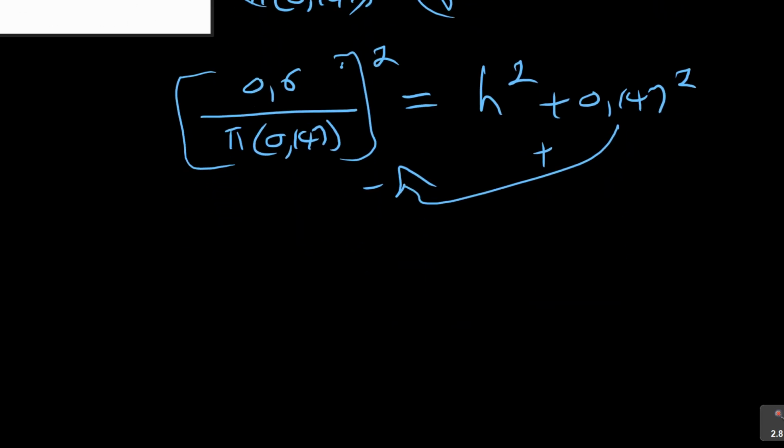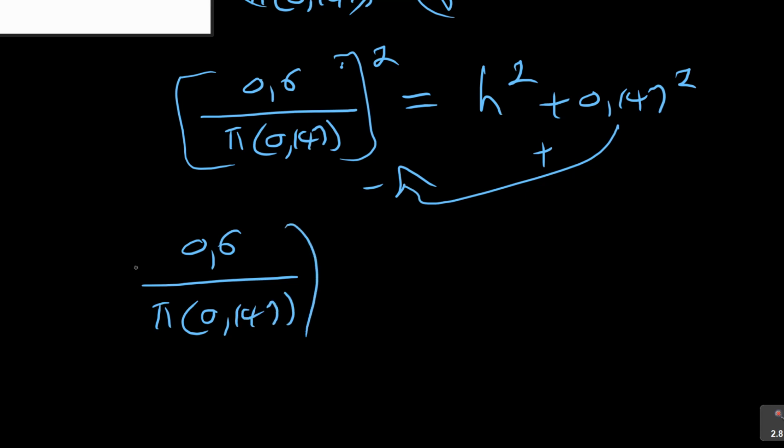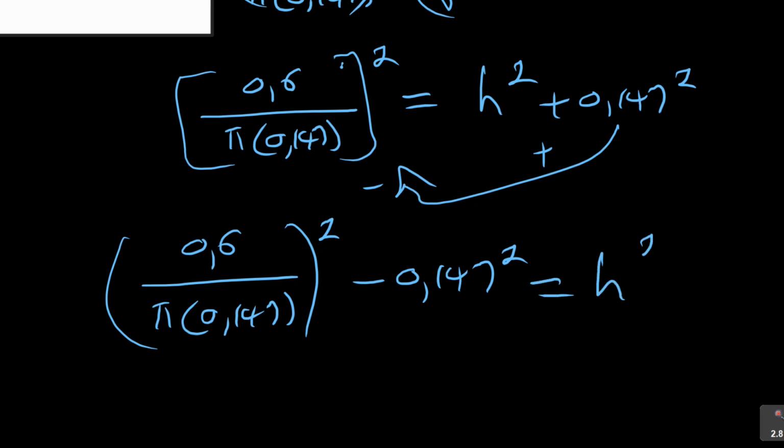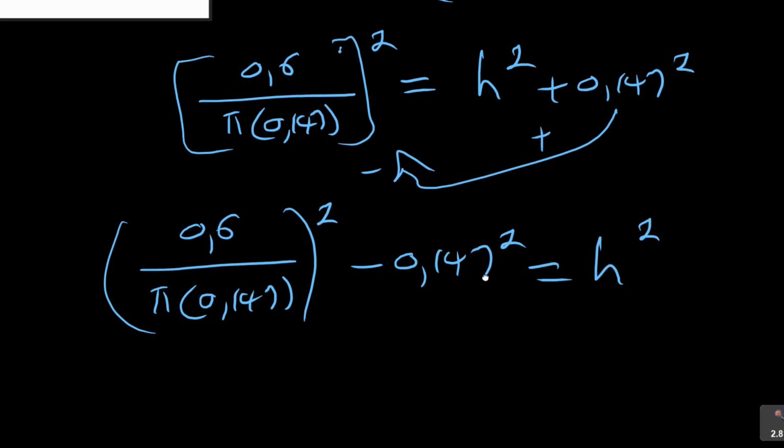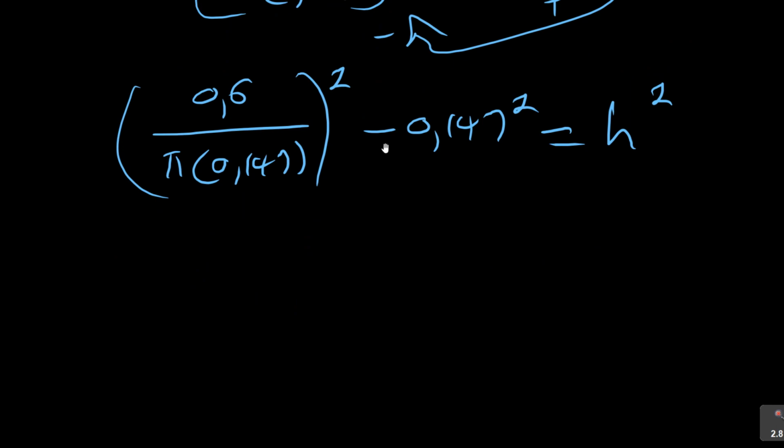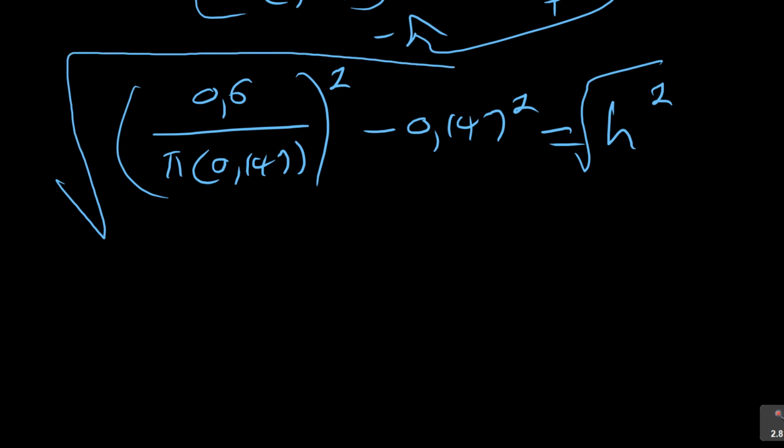That's when we say here 0.6 over pi 0.147, squared, minus 0.147 squared is equal to h squared. I know it was a bit lots of work, but that's what I needed. Now you square root both sides. So h will be equal to square root of that. That's when you use a calculator now.